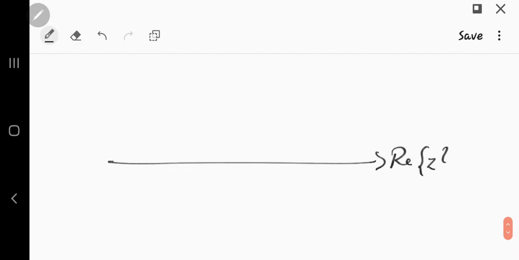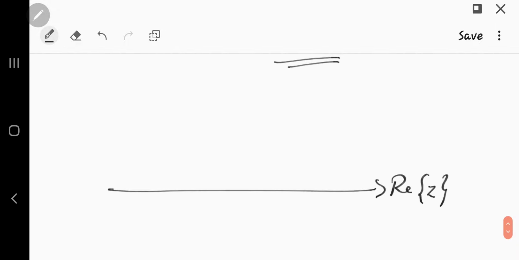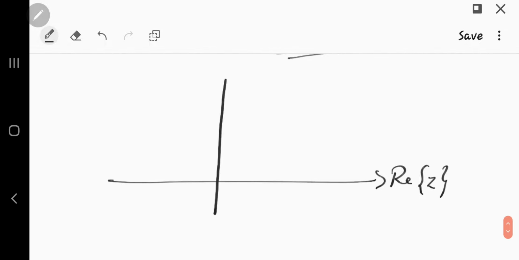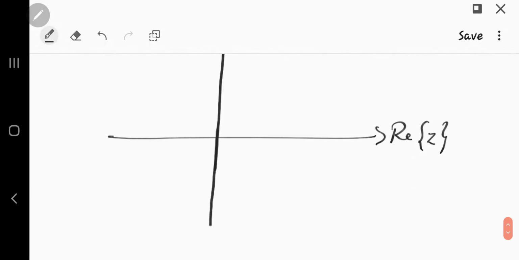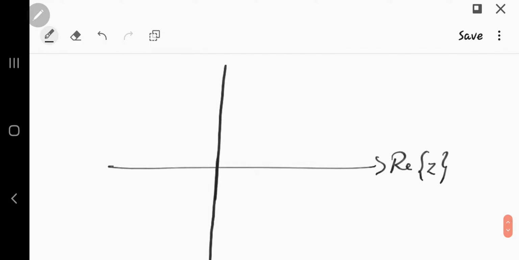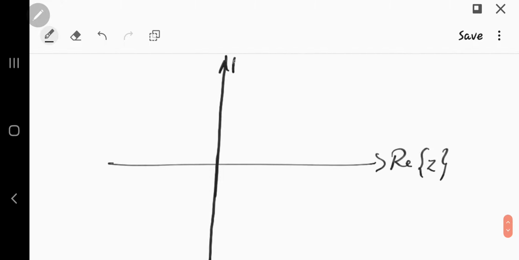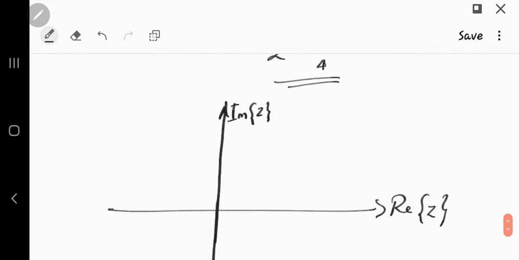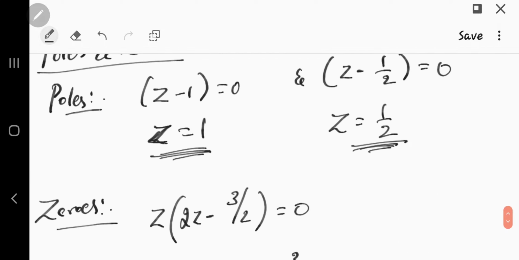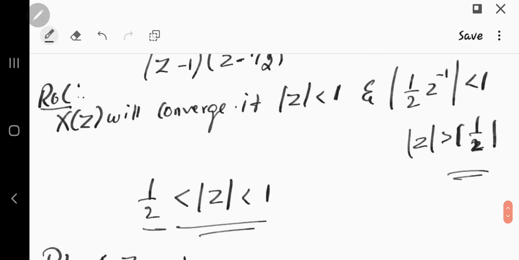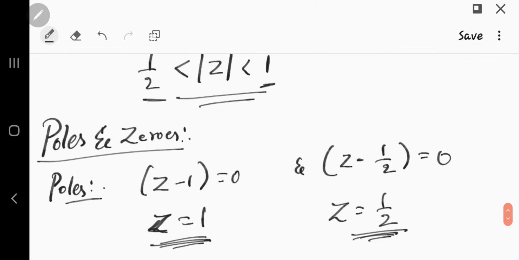So let's draw this here. Now observe this, we have two conditions. We have two circles with radius 1 by 2 and 1.